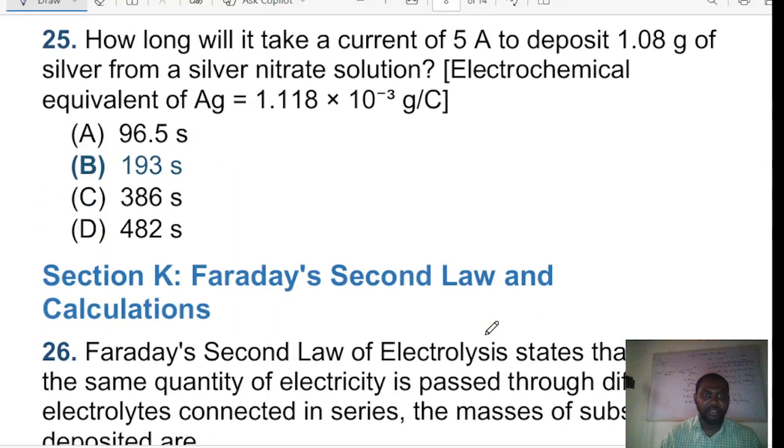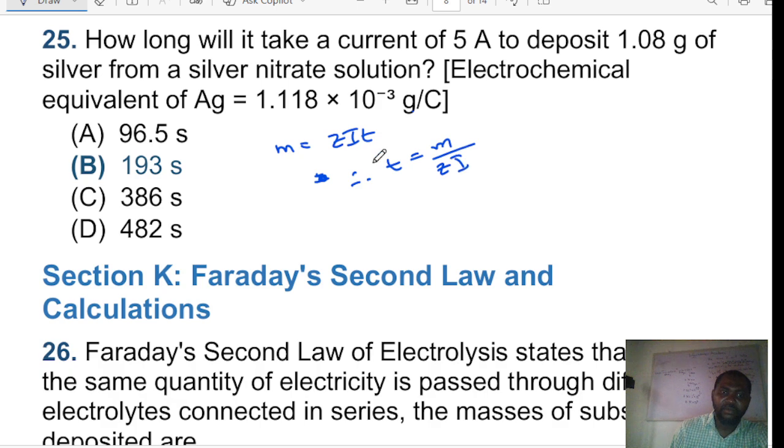So that means that we can still use our formula M equals ZIT, where Z is the electrochemical equivalent, and since we are looking for time, time is going to be M over ZI when you divide both sides by ZI.